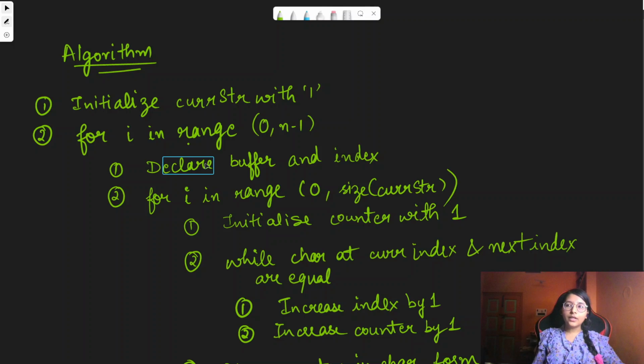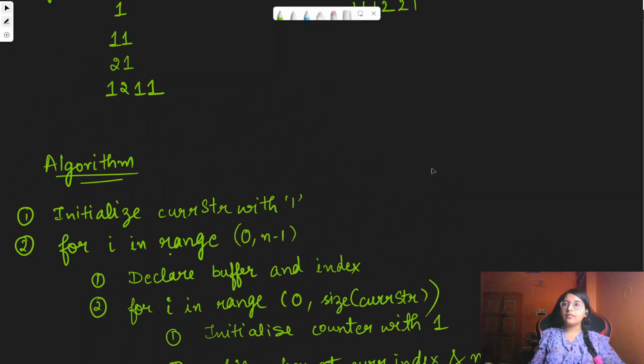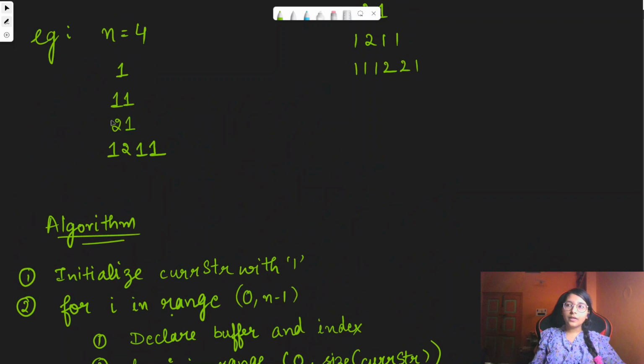Now, first we declare a buffer and an index. The buffer will be storing the result. Why are we choosing a buffer? Because when there are digits which are completely different, the count would be stored as 1, and the character is 2.